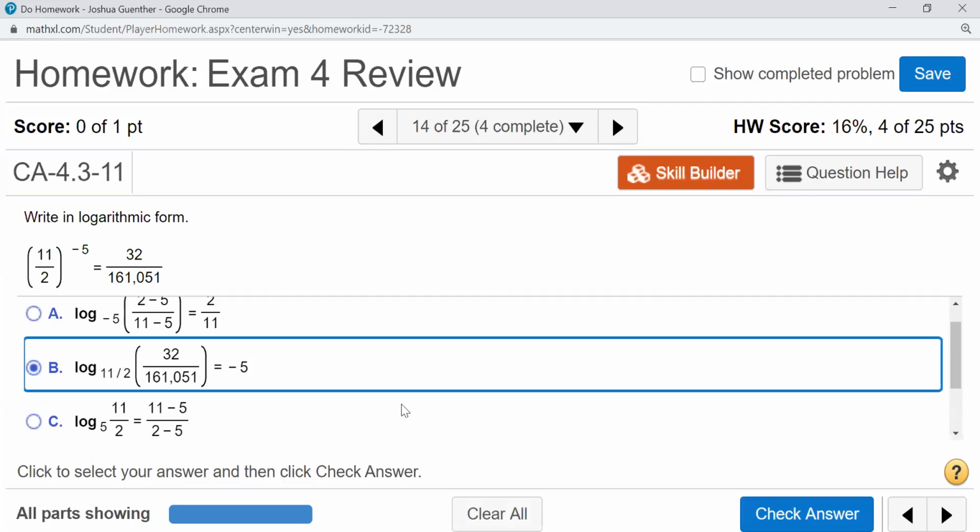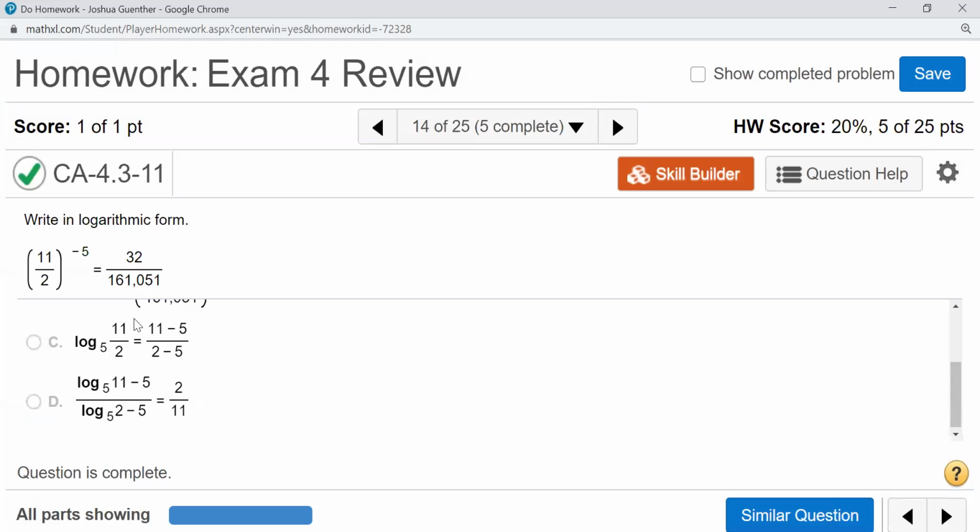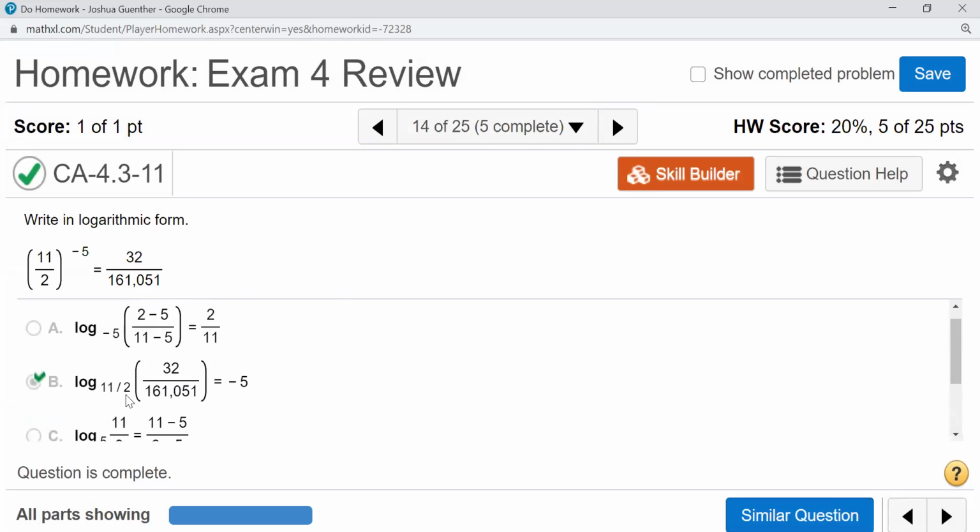So it's going to be log with a base of 11 over 2. The argument of the logarithm is the 32 over 161,051, and that's going to be equal to -5.